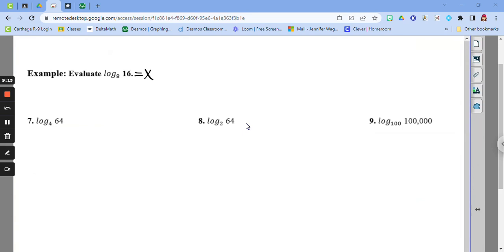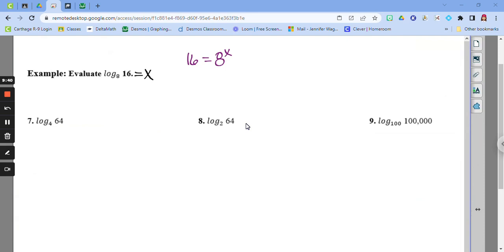So I could say 16 equals 8 to the x. How can I figure out that value? We can't divide it by 8 because it's not 8x, it's 8 to the x.